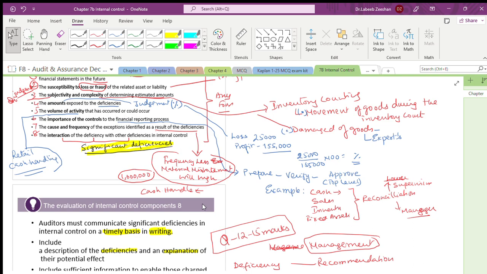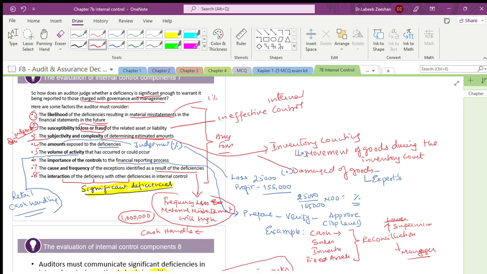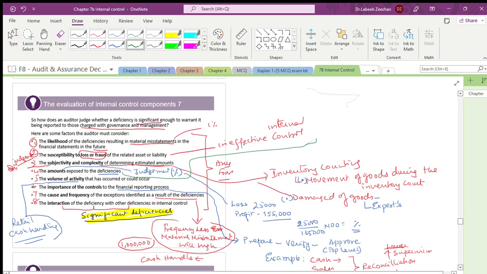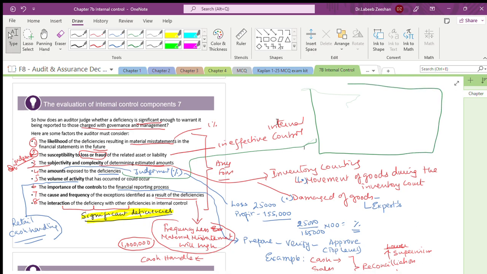I will put it like this, in this box. Now, what is the amount exposed to the deficiencies?